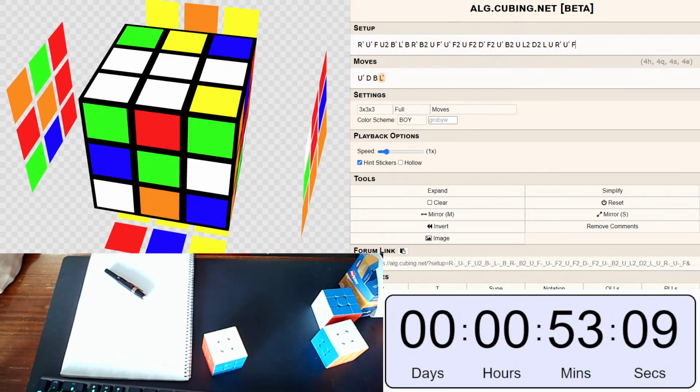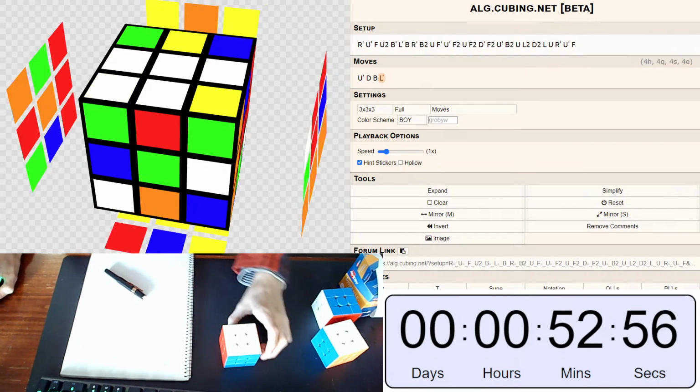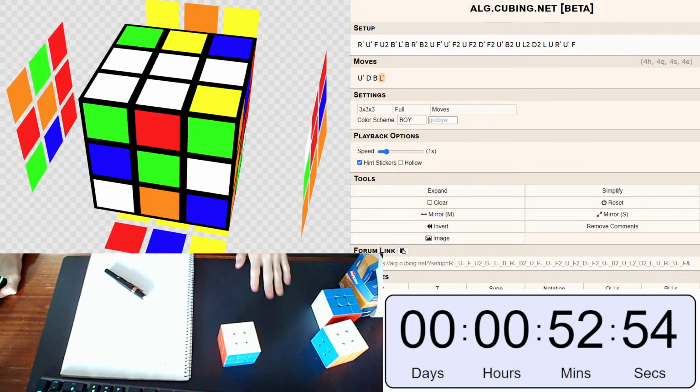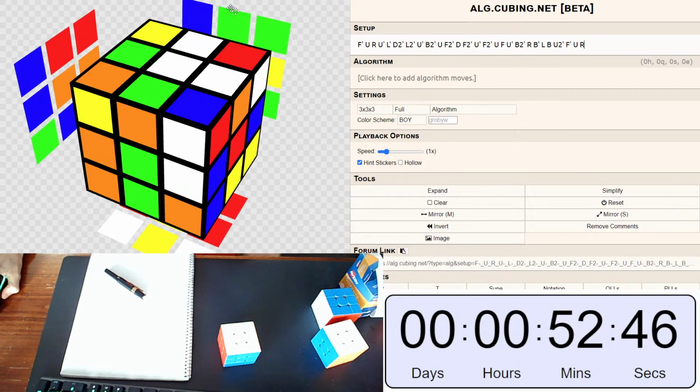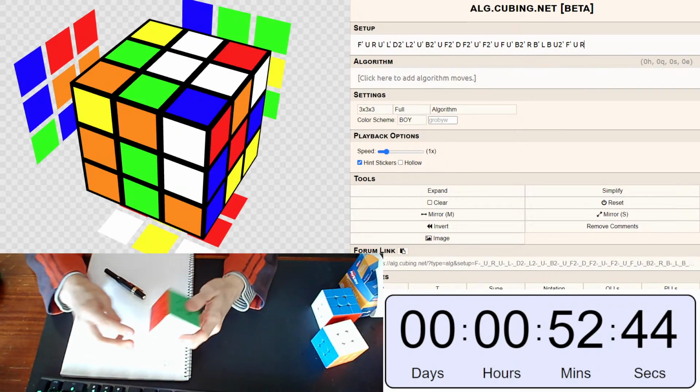So the way you invert moves is whichever face it is, you start at the end and invert whether it's a prime or not. Double moves, half turns don't do anything. So here at the end it's F, you start with F', U, R, U', L, D2, L2, U', B2, U, etc. Or you can just write down the inverse.